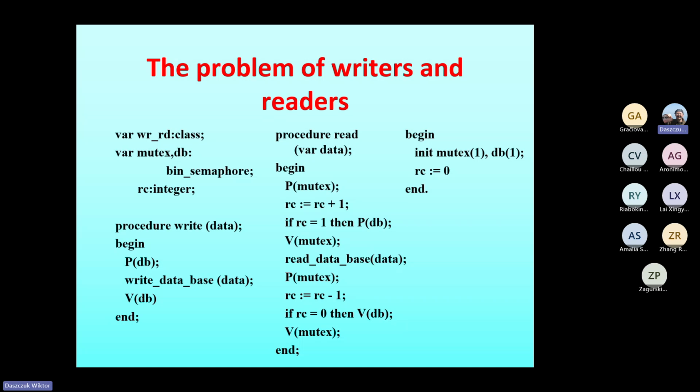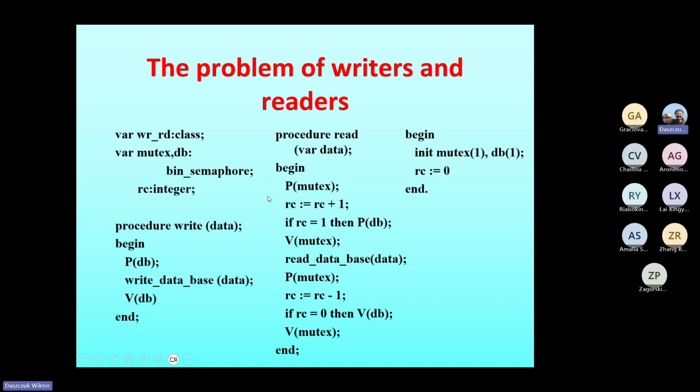So before entering to read, the reader count is incremented. After leaving the database, it is decremented. But if we have a counter that is incremented, we must protect this variable from concurrent access, because we know what can happen if we modify a variable without some protection.